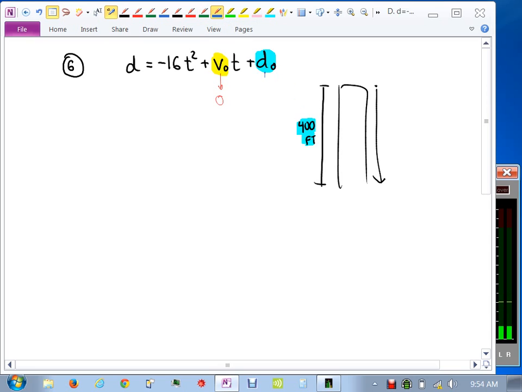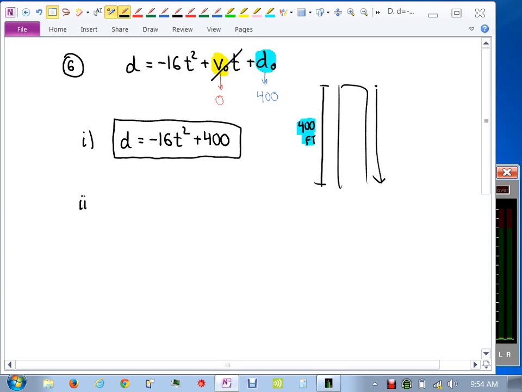So that number right here should be 400. So the equation that we wind up using, which will be our parabola, is this. The 0 kills off everything there, plus 400. And so you're basically going to go through and sketch this. That was part 1, to find the equation.